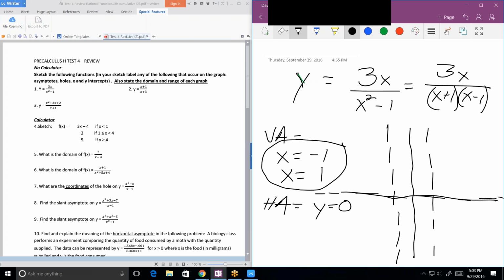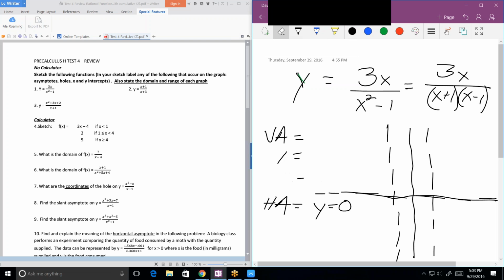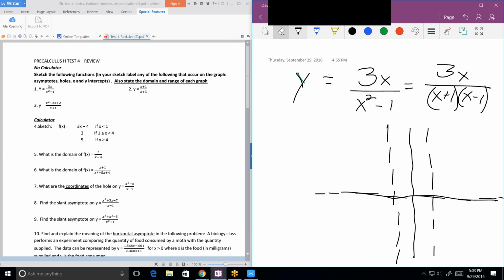Let's check for x and y intercepts. I'm going to erase some of this stuff so I can make room. We know what our vertical asymptotes are and what our horizontal asymptote is. Let's do the easy one first, the y-intercept.